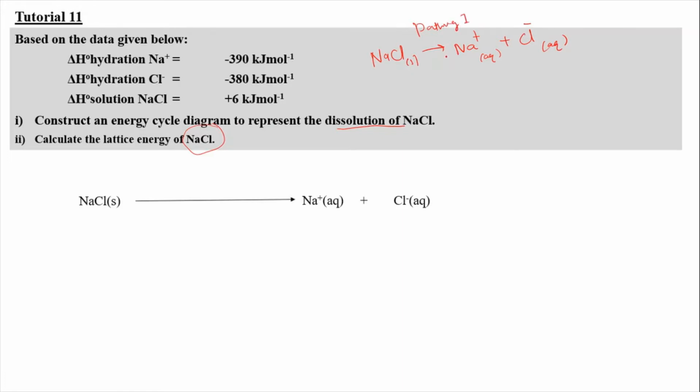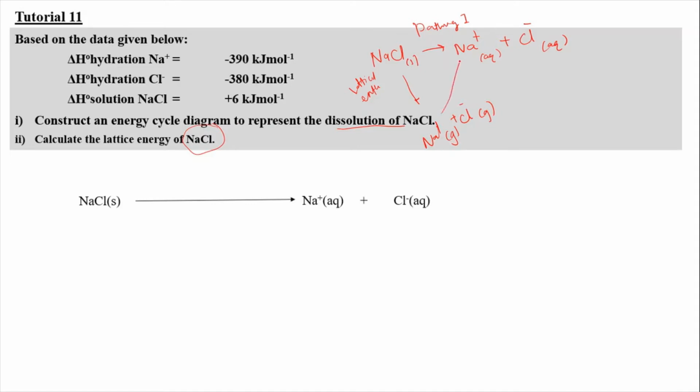Okay, and for the dissolution process, it can take another pathway, which is pathway number 2, which involves two steps. First, it has the lattice dissociation enthalpy, where the ionic solid will be broken down into gaseous ions first. NaCl solid will be broken down into Na plus gaseous ion and Cl minus gaseous ion.